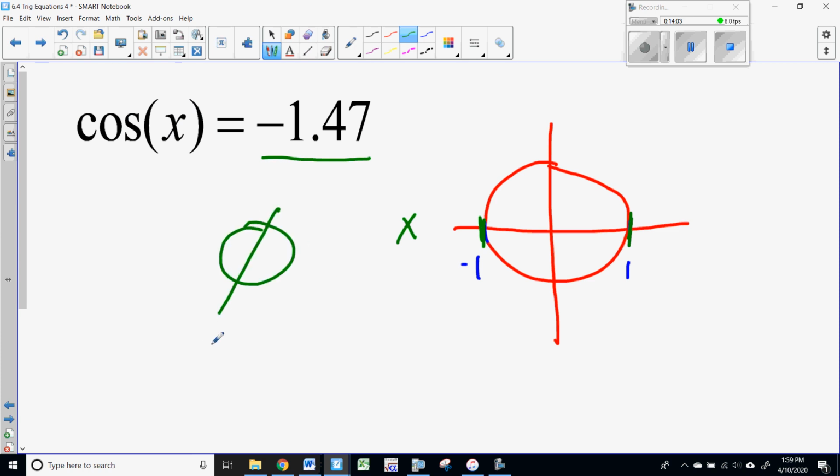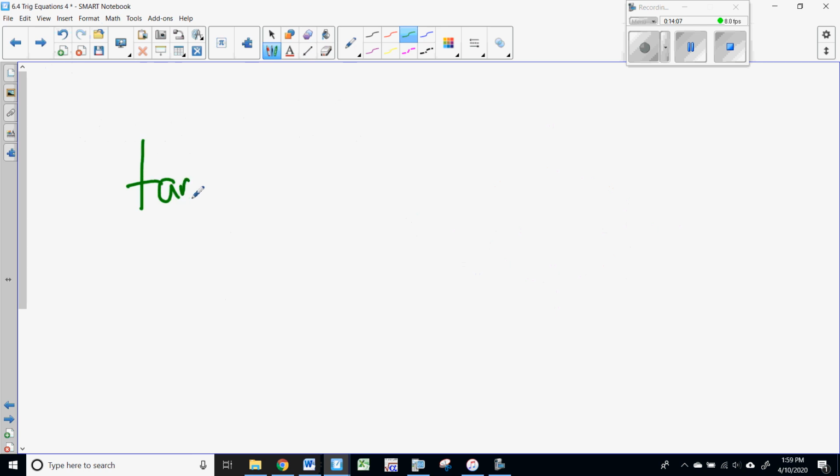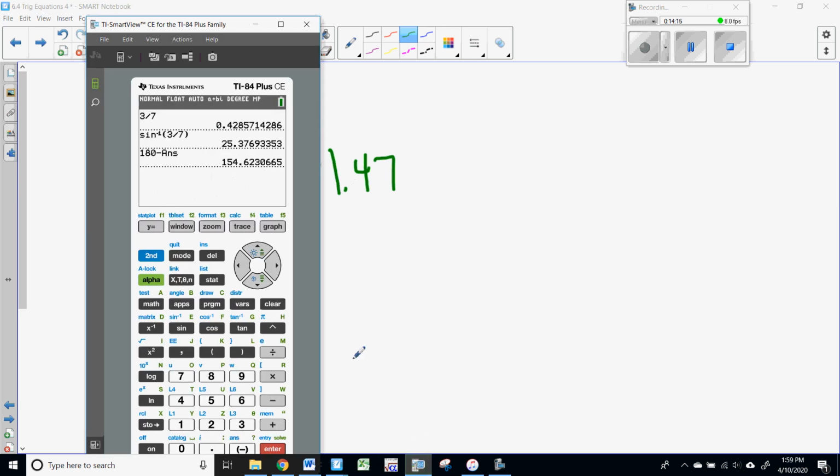So when you have a number for cosine or sine that is bigger than 1 in size, your answer is going to be no solution. Now, that is not true if you have tangent. If tangent is -1.47, you can do that on the calculator. I could do inverse tangent of -1.47, and that's going to give me an answer of about -55.